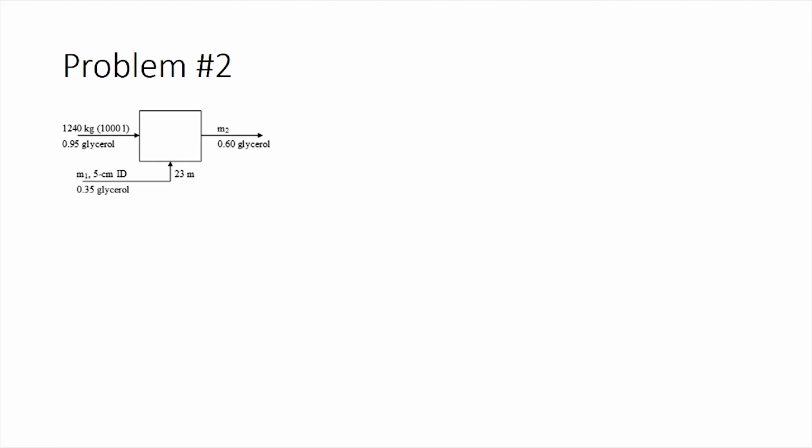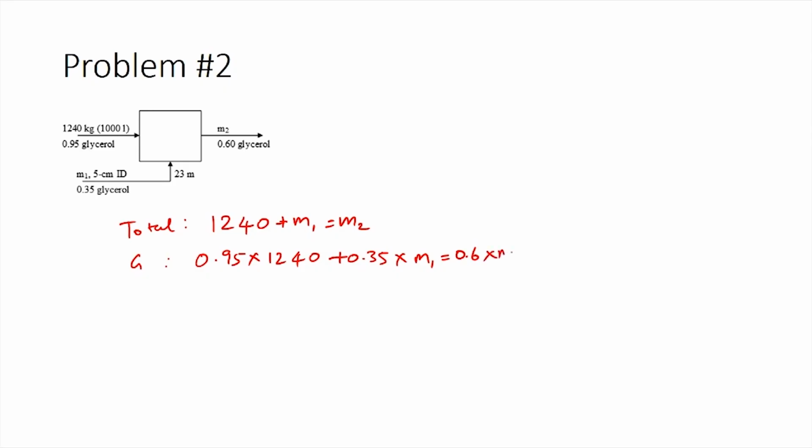Now that we have calculated the mass of the mixture which is coming in, we can now perform simple material balance calculations to identify the mass of 35% glycerol which needs to be fed and the mass of 60% glycerol which will be produced. So, for that we can write a total mass balance which would be 1240 plus M1 is equal to M2. We can also write a glycerol balance which would be 0.95 times 1240 plus 0.35 times M1 is equal to 0.6 times M2.